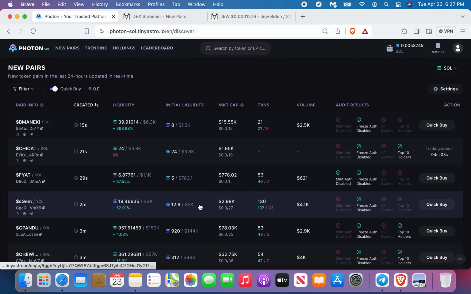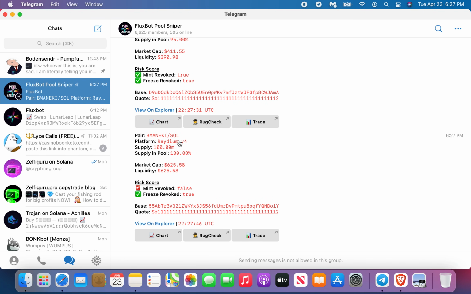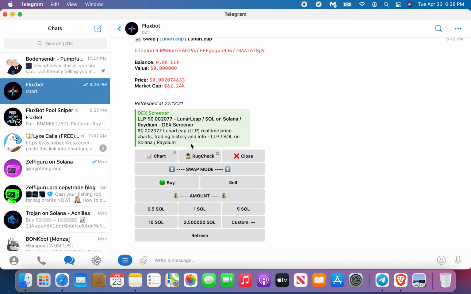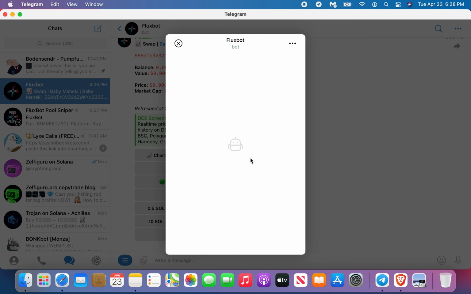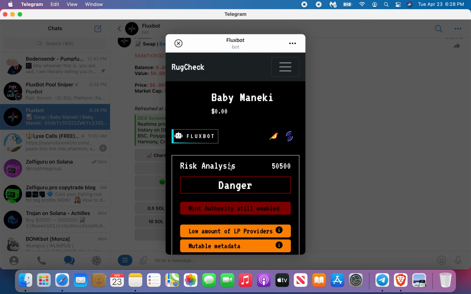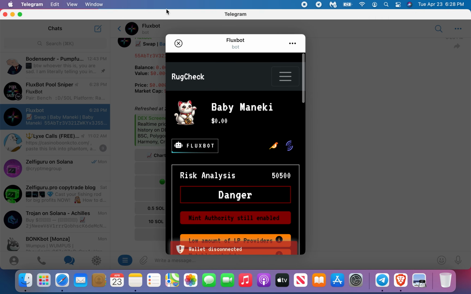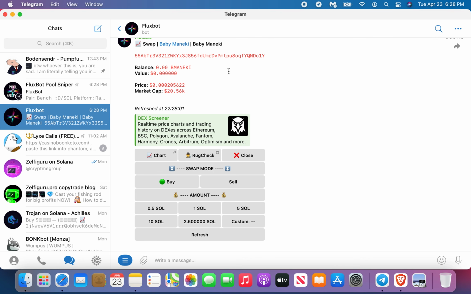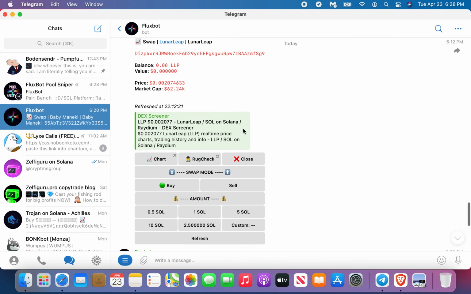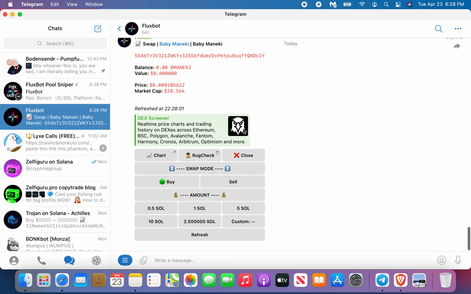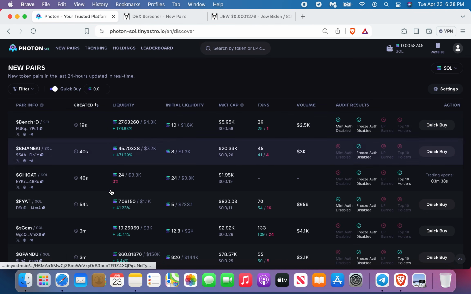See, Baneki, and here you can actually click trade if you have the other bot, Flexbot, and you can do a quick rug check this way. So efficiency is key with this stuff. Ironically, it's not loading fast. Usually it loads. So you can also use this, but I prefer just having it here, because it takes too much space up. You lose track because there are so many new coins being listed. So I'd rather have it like this.